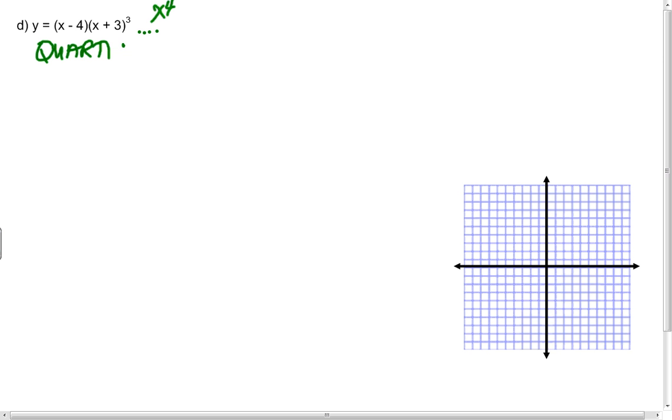My brain immediately goes to quadratics, which are related because they're even degree. And I know a lot about the end behavior of quadratics just because we've done them so long. It is positive because the leading coefficient is an invisible 1.